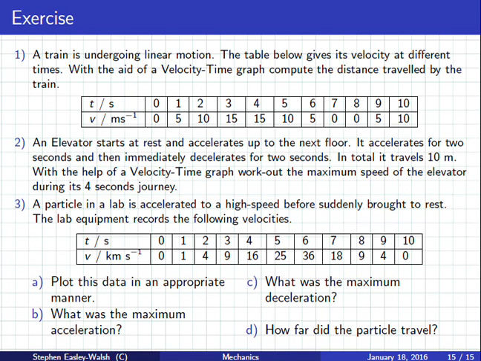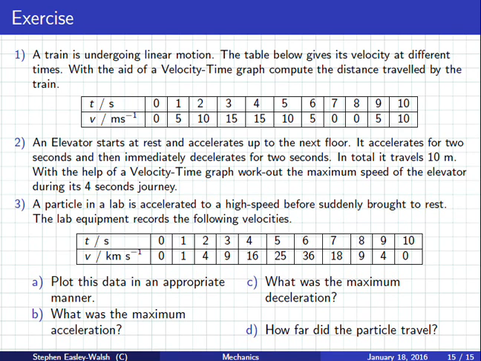Yeah? Okay, the next part is the acceleration, which is here. There's a quick way to calculate acceleration. If you have a line on a graph, the slope is equal to this divided by this.